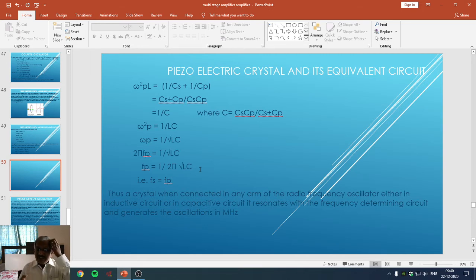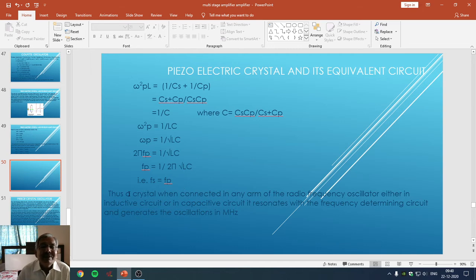Because we have studied that the crystal behaves like an inductance as well as a capacitor. When it behaves under parallel resonance, it behaves like a capacitive circuit. When it undergoes series resonance, it behaves like an inductive circuit. One can utilize both properties, either by using the crystal in a Hartley oscillator or in a Colpitts oscillator.